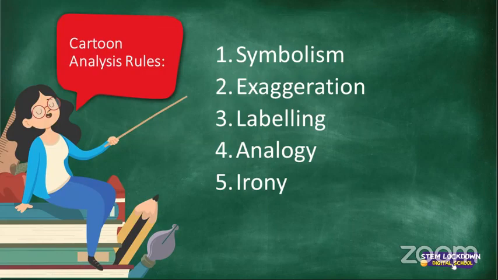And the irony there is that, if we're analyzing the irony part of it, we would say the coronavirus is portrayed as fire, which is something that is dangerous and harmful.